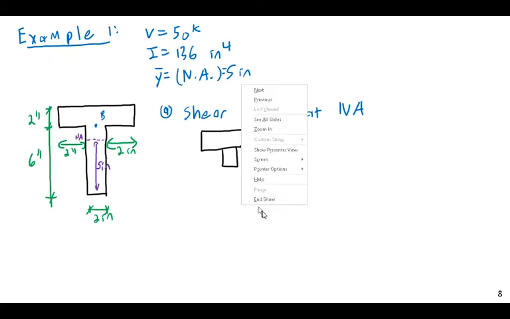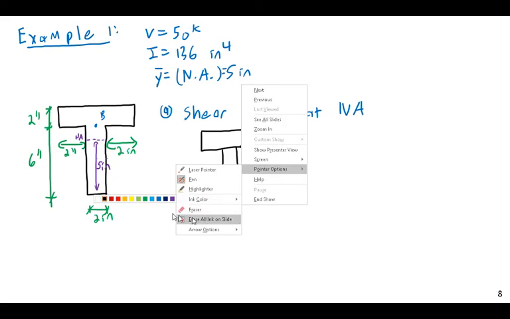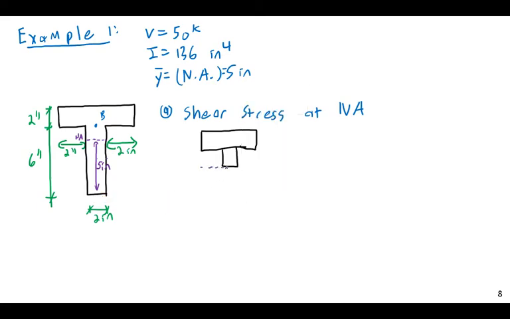So this would be the neutral axis here, and here, this would be 1 inch. This is of course the same 2 inches, and then these are 2 inches as here, and this is 6 inches.